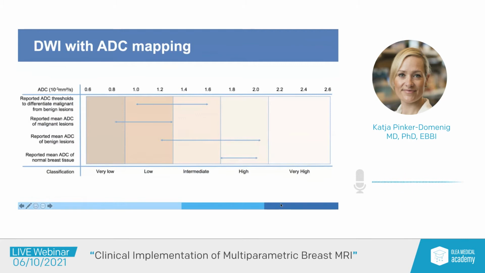Between 1.3 and 1.7 is intermediate, and everything above is high and very high, which is considered benign. Everything below 1.3 is considered low and very low.